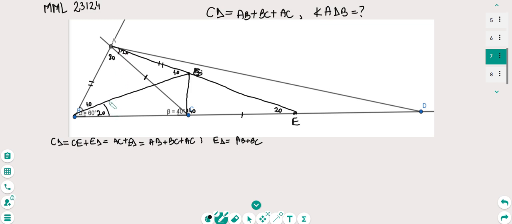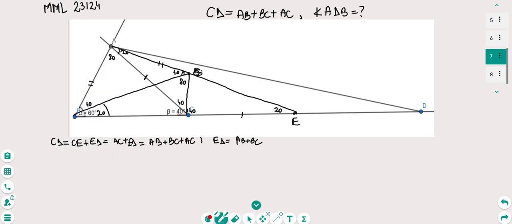So what that means is this one's also 80 because it's equal to this one. This one's also 40 because it's equal to this one here. So that's great.